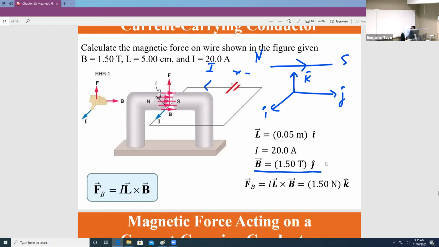So I'm using a coordinate system that looks like this, right? Remember we're talking about 3 coordinates here. Everything here is on the XY plane, so X and Y, but you also have the K direction that makes 90 degrees with respect to this surface.